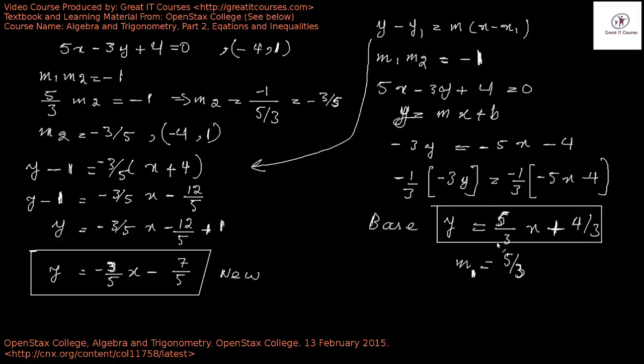As you can see, this minus 3 by 5 is the negative reciprocal of 5/3, so that basically shows that these two lines are perpendicular. And also, based on the fact that the line was supposed to pass through this point, we entered these two coordinates into our formula, and we got the new line equation.